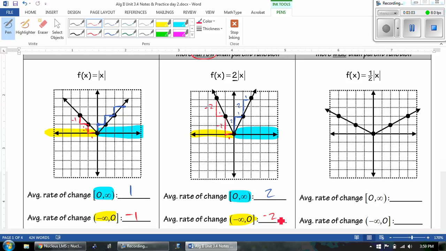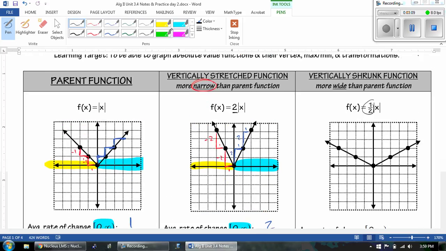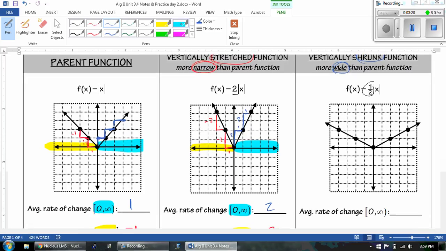So that number out in front determines whether it's going to get stretched like it did in our middle example, or if it gets shrunk, and that's when it's more wide. So what do you think it's going to be from 0 to infinity, the right side? Yeah, we went up 1, right 2, up 1, right 2. So our slope, our average rate of change, is 1/2.